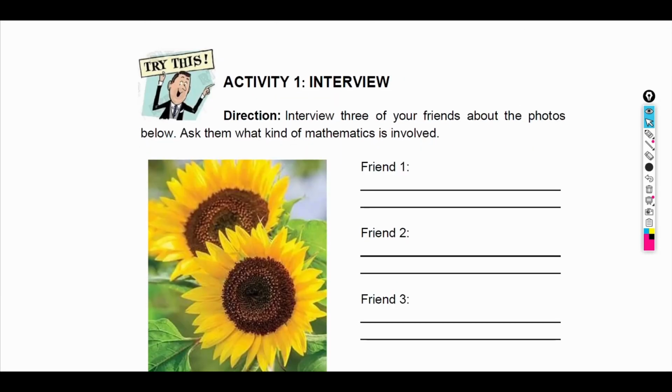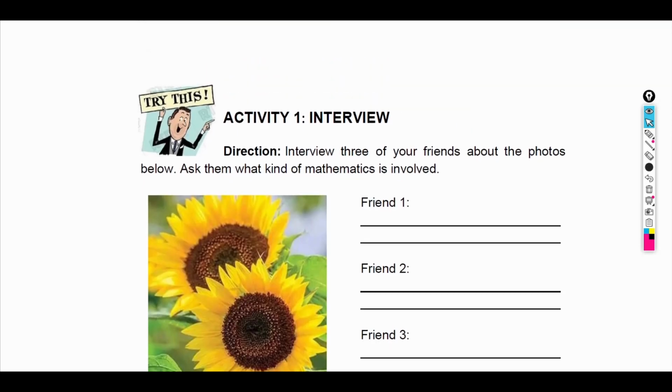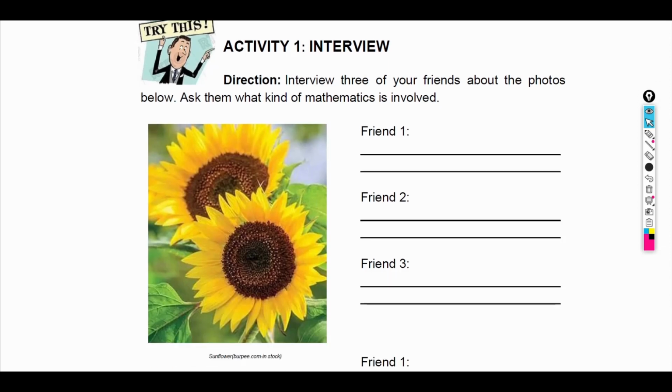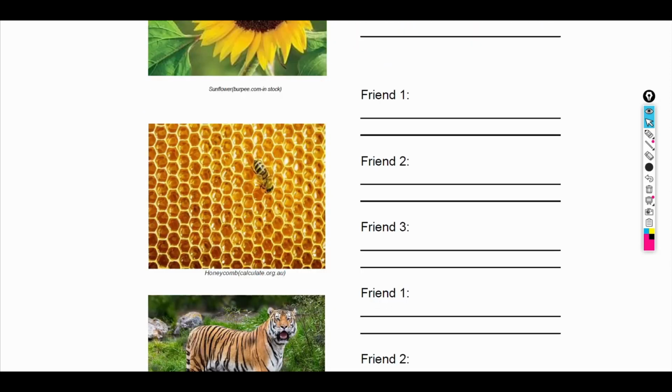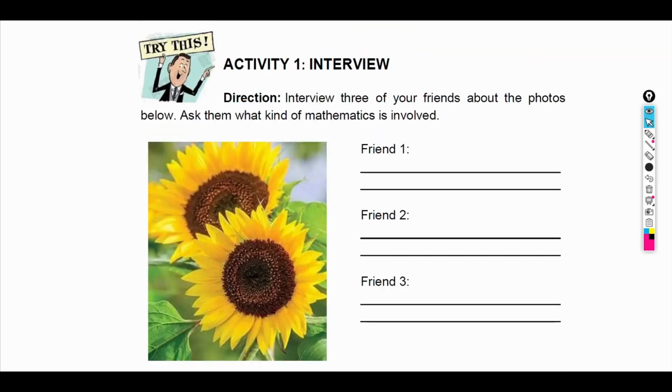And now comes page 2. What is this page 2? This is an interview with your friends or classmates. You are given pictures here and try to follow the direction provided in activity 1. Interview 3 of your friends about the photos. Ask them what kind of mathematics is involved.